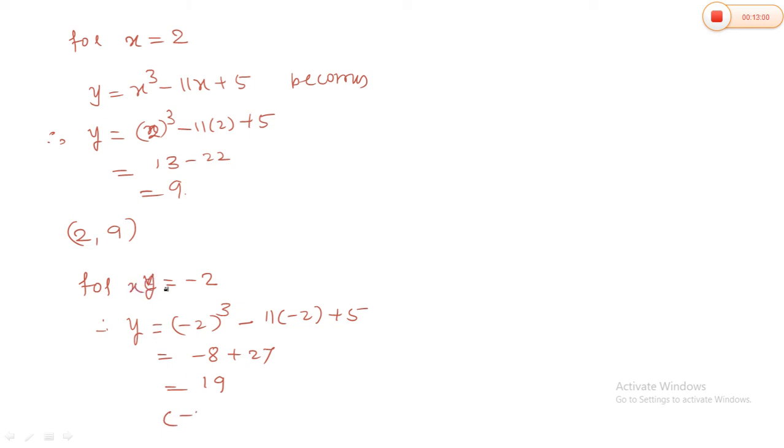This is for x equal to minus 2, giving (minus 2, 19). Therefore the points are (2, minus 9) and (minus 2, 19). These are the two points.